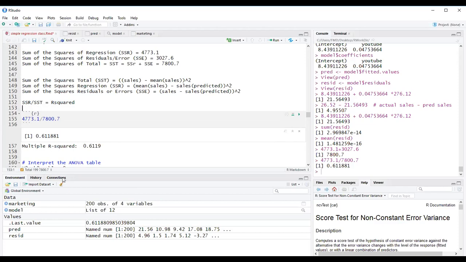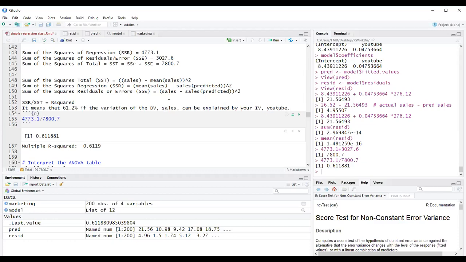Okay, so this is called R squared. So importante sa atin yung R squared. Kasi what does 61.19 mean? It means that around 61.2% of the variation of the DV sales can be explained by your IV YouTube.